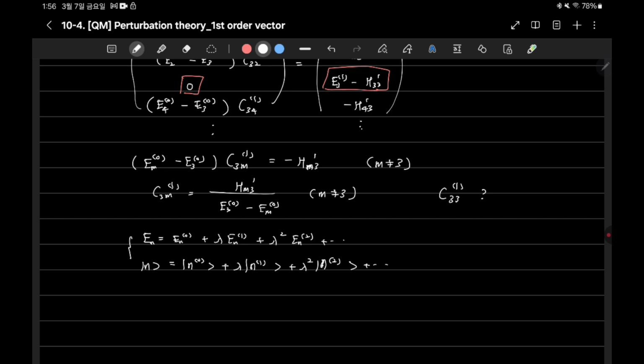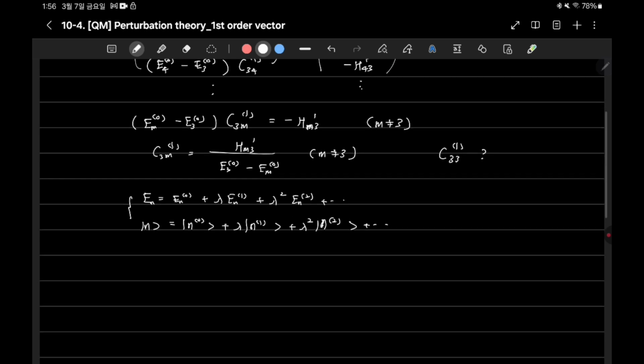So when you assume there is the n equal 3 state, then the vector of the 3 in the first order can be written like this: C31 first order, C32 first order, C33 first order.